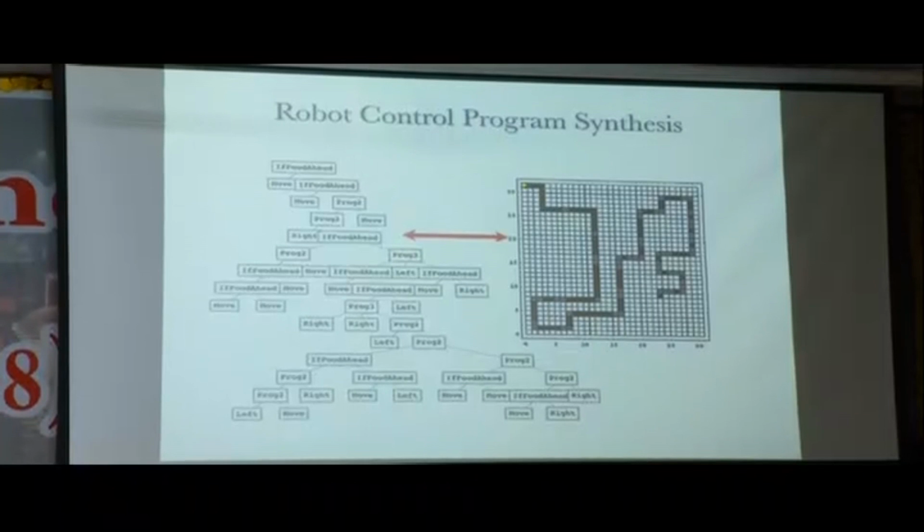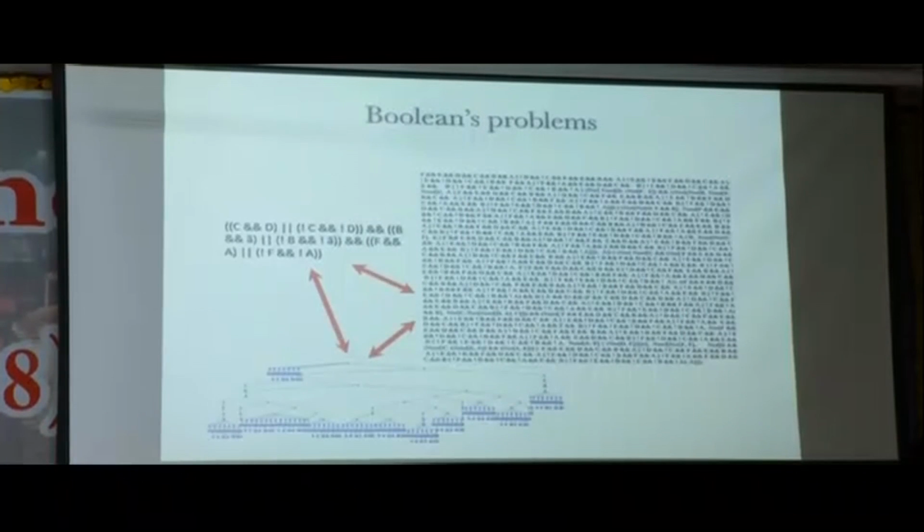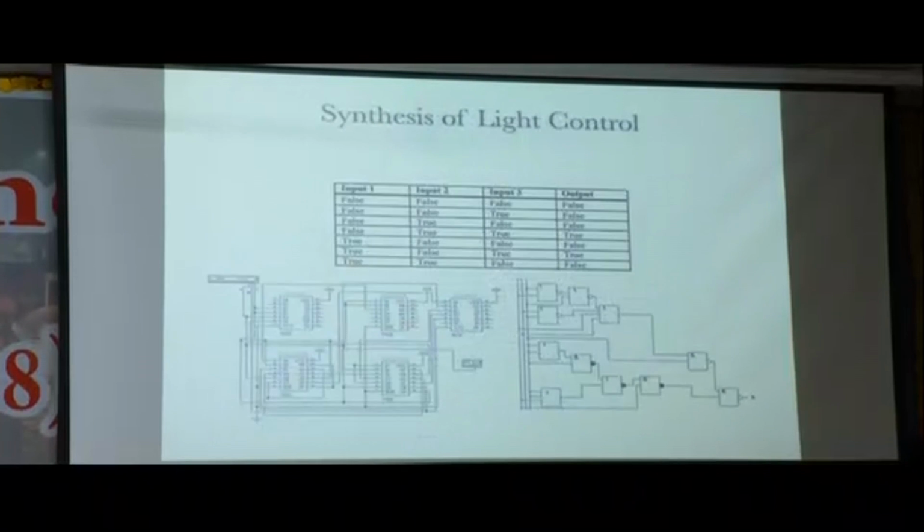This is another example of commands which will solve the Santa Fe trail benchmark. There is also the design of electronic circuits, where you can use electronic components to design circuits. You can solve the Boolean problem; for example, we have used it for synthesis of light control at a crossroad.